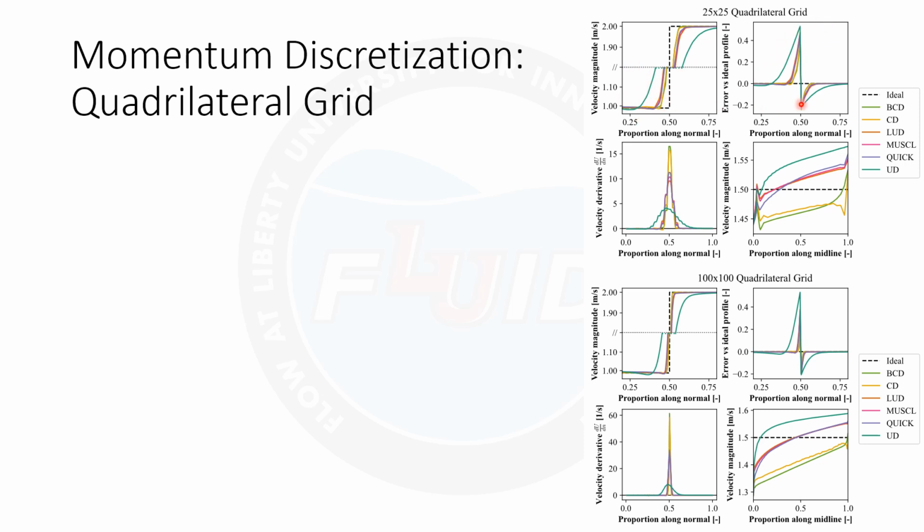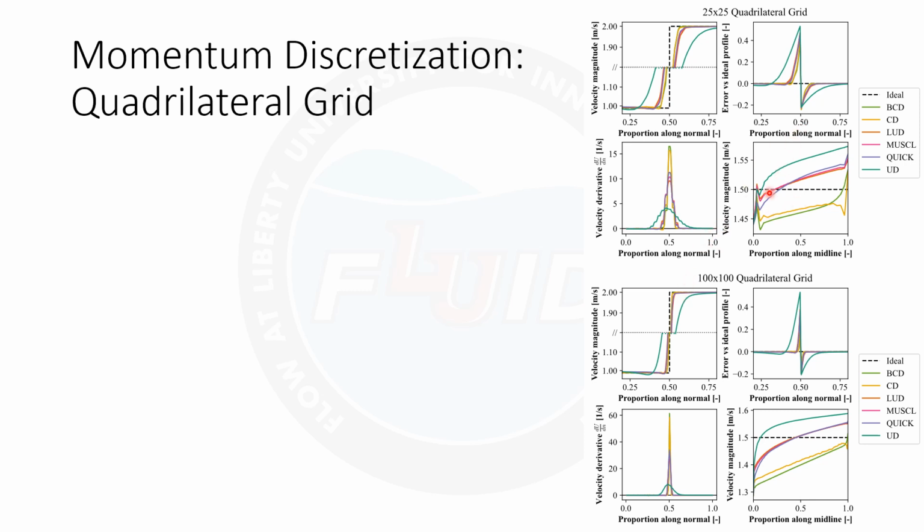Here we just have the error plotted for the actual resolved profile versus that ideal square wave. And again, that's just so you can get a closer look at what's going on there. We then plot the spatial derivative of that profile. Ideally, we would expect to see kind of a Dirac delta centered on 0.5, where the velocity derivative is infinity right on this square wave, and then it's 0 elsewhere.